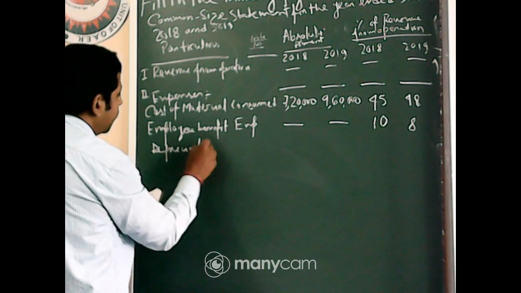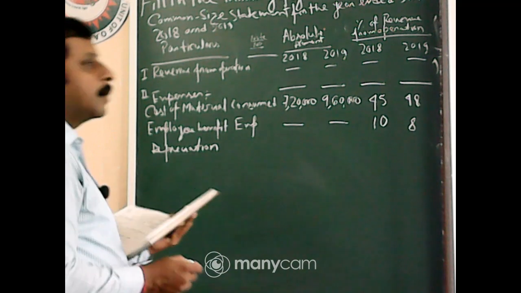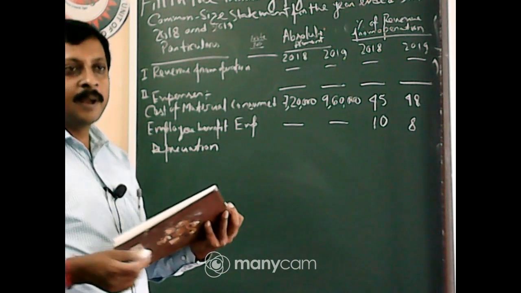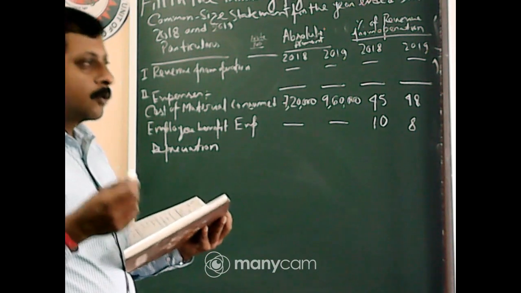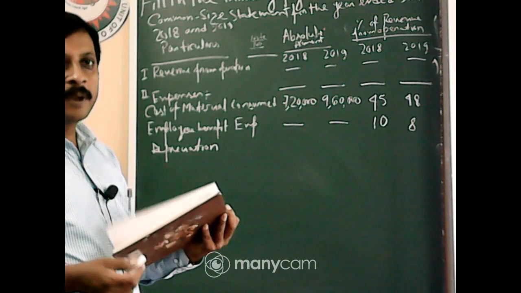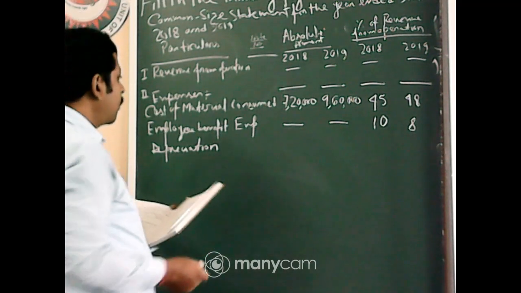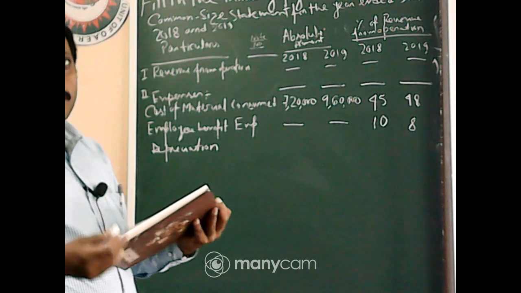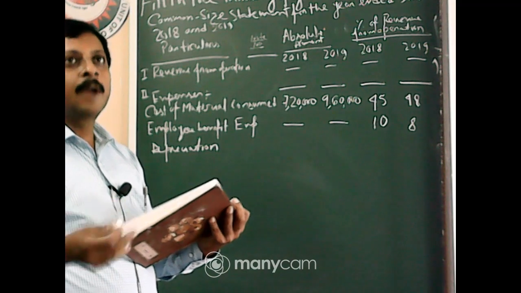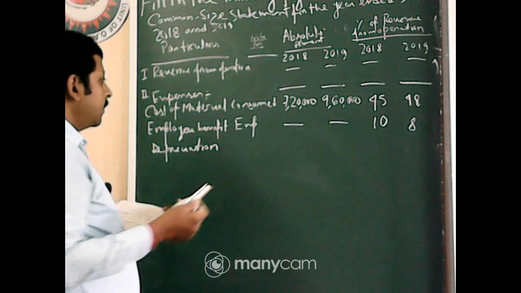Next is depreciation, a non-cash expense. Every company has depreciation because every organization must have some fixed assets, like furniture, plant and machinery, or computers, which are very important nowadays. So the computer is a fixed asset. All fixed assets except land have to be depreciated, and depreciation should be charged.